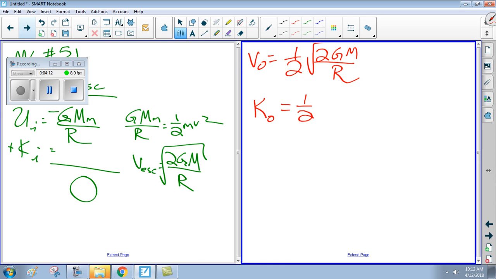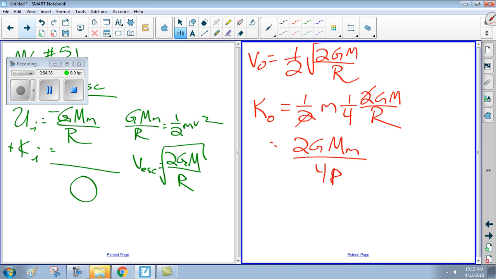My kinetic energy initially is 1/2 m times this squared. This squared is 1/4 times 2GM over R. Everybody agree? So it gives you 2GMm over 4R.